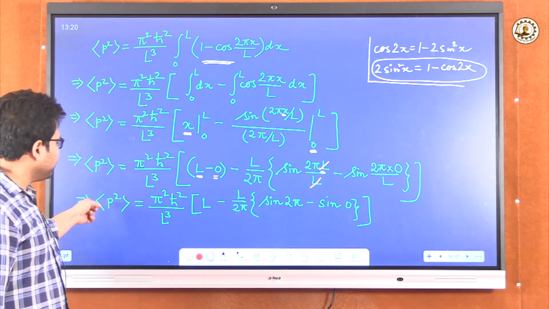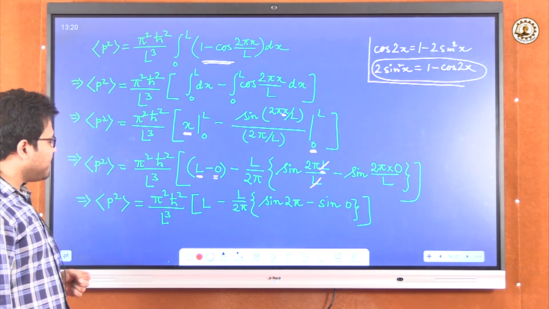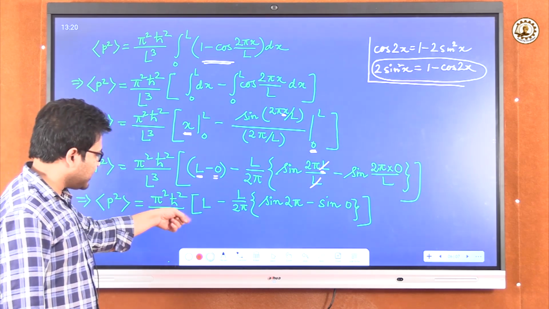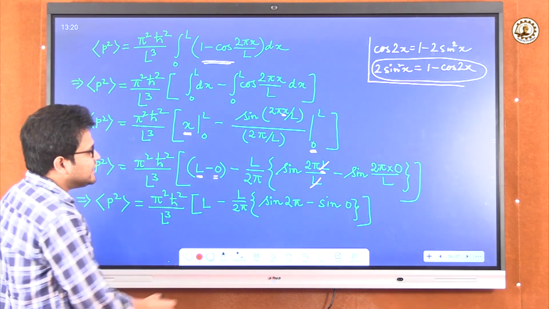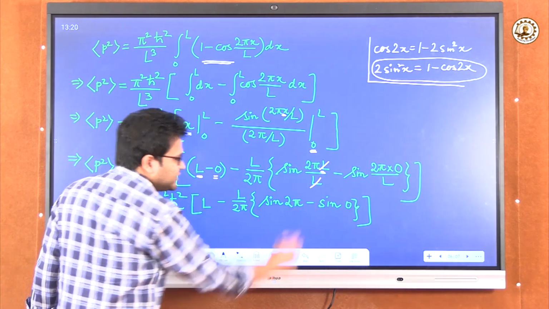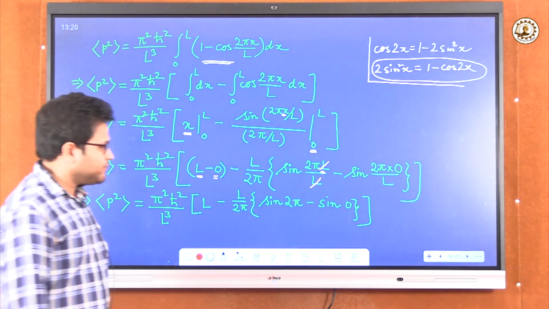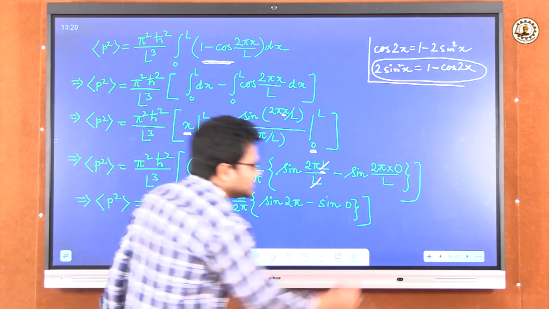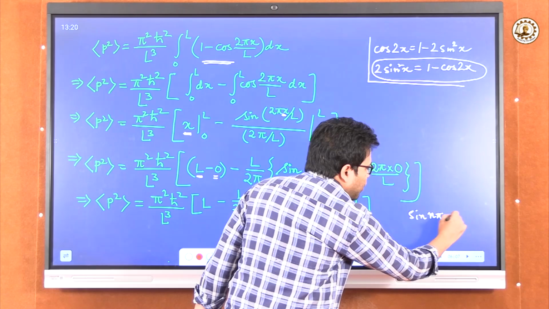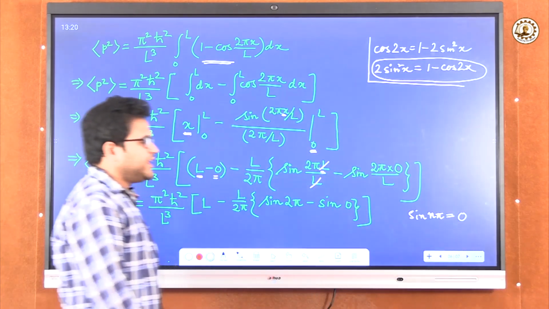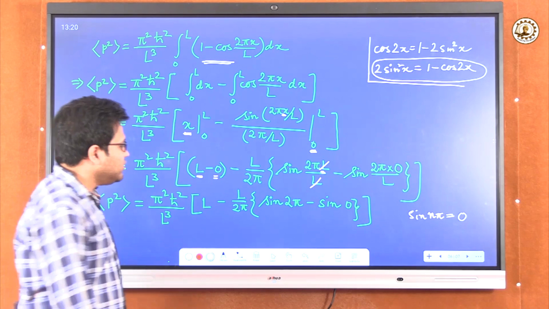In the next slide we have average of p square equals pi square h star square by L cube within third bracket, L minus L by 2 pi within second bracket, sine 2 pi minus sine 0. And we all know that sine n pi is always 0, where n is an integer, and sine 0 is obviously 0.